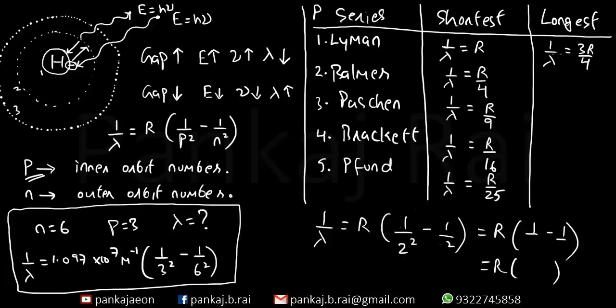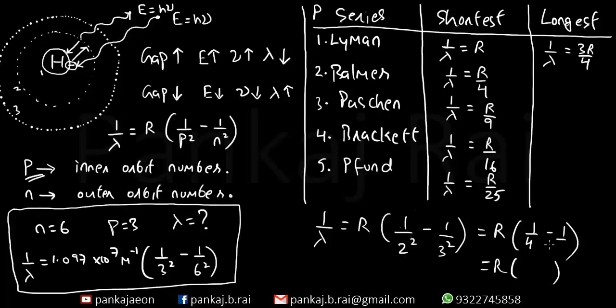For the longest wavelength the gap should be smallest, so the transition is from the next orbit to 2, that is 3 to 2. So the higher orbit has to be 3. So we have to calculate this.